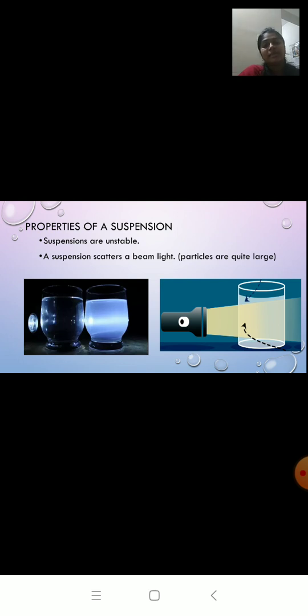Suspensions are unstable. It means when you keep a suspension undisturbed for some time, the chalk particles will settle down. And suspension shows the Tyndall effect. It means when you place a torch, you can see the beam of light inside the suspension. Why? Because the particles are large and they can reflect the light rays falling on them.